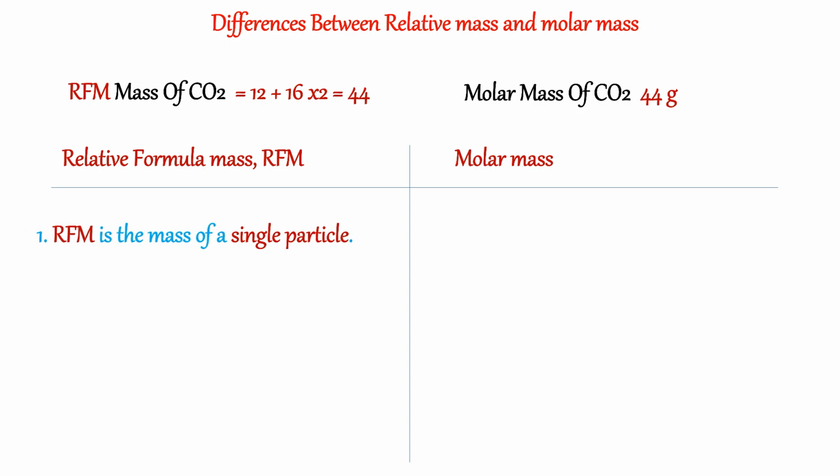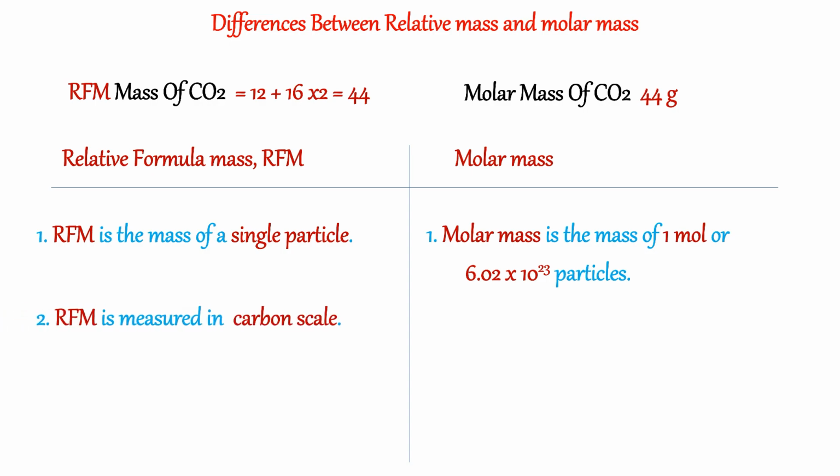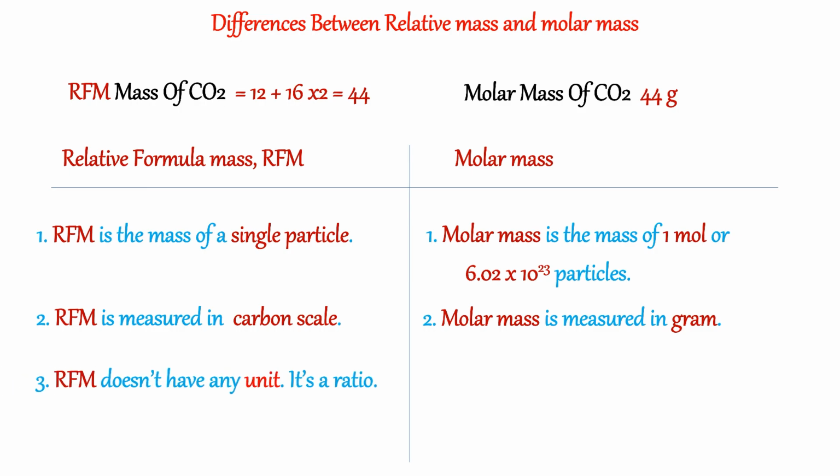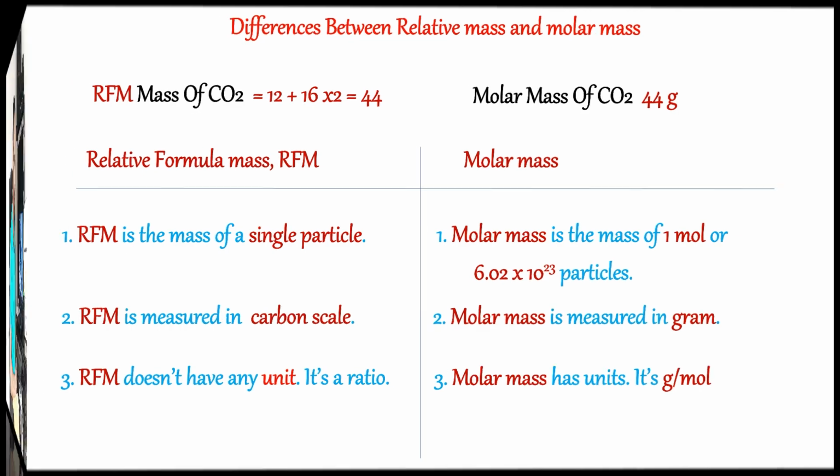Relative formula mass is the mass of a single particle, but molar mass is the mass of 1 mole or Avogadro number of particles. Relative formula mass is measured in carbon scale, whereas molar mass is measured in real scale, in gram. Relative formula mass doesn't have any unit, it's a ratio, but molar mass has units, it's gram per mole.